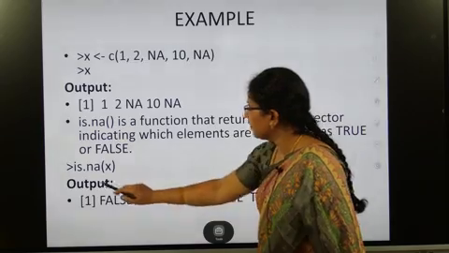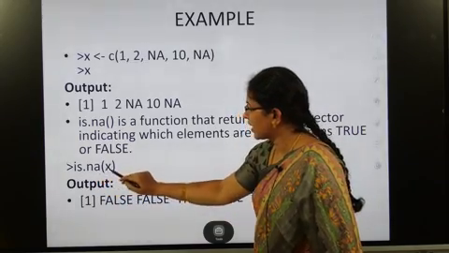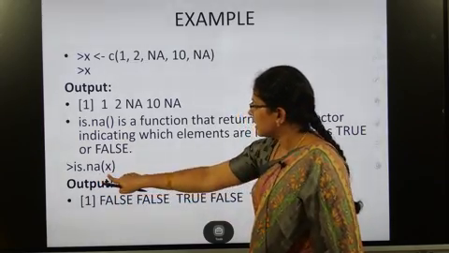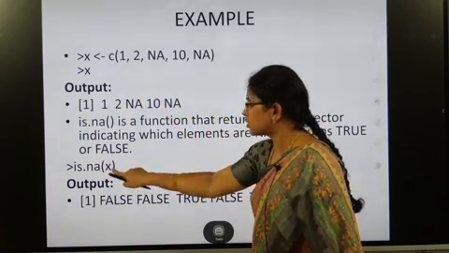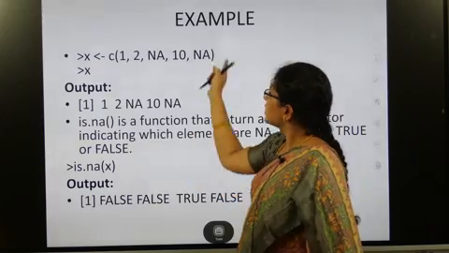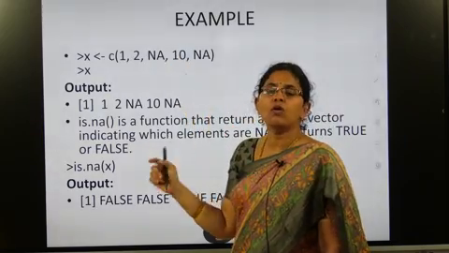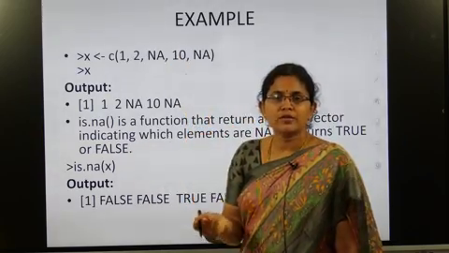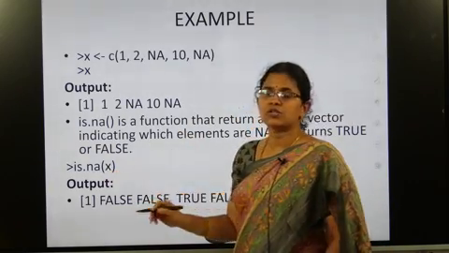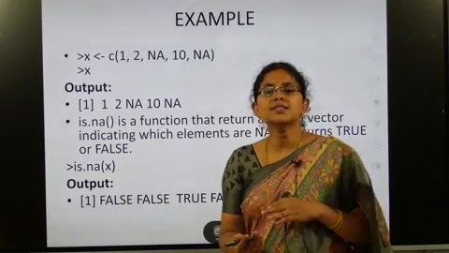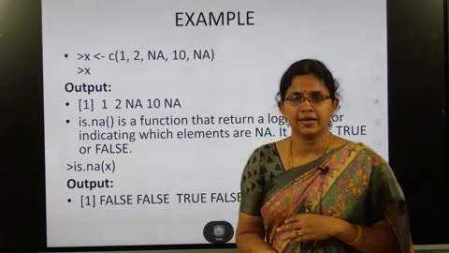So let's see here, is.na of x. Here x is a variable where all these 5 values are stored. In these values we want to know which are actual values and which are missing values. In that case, the is.na function returns the result as a logical data type.